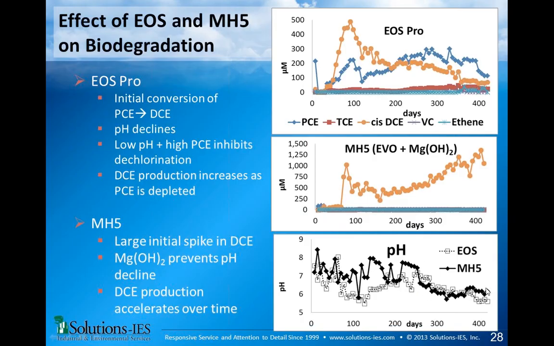By contrast, when we add EVO plus magnesium hydroxide, you get a little bump initially, but shortly after injection we have 99.9% conversion. The only thing that comes out of this column is DCE. By the end of the experiment, we're releasing 1.2, 1.5 millimolar of DCE, even though we've mixed the PCE with vegetable oil, which should have essentially reduced the aqueous solubility.